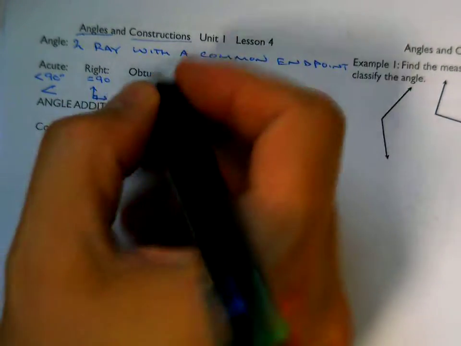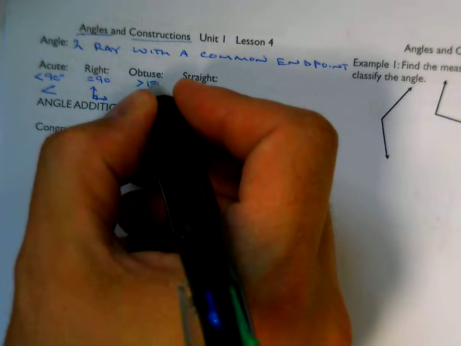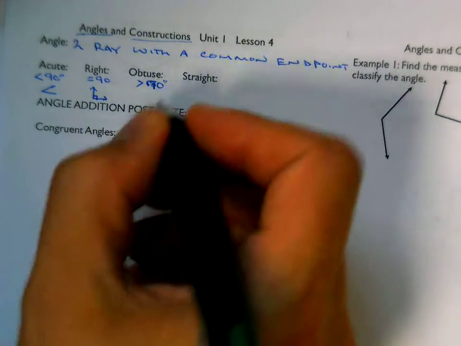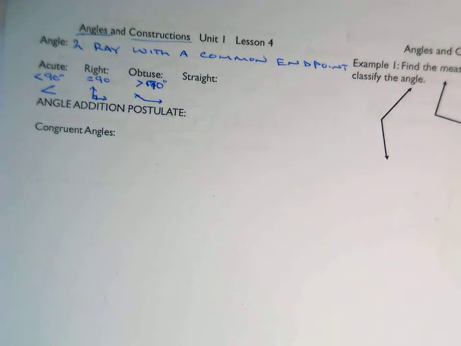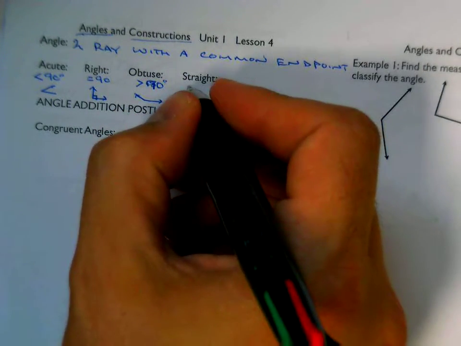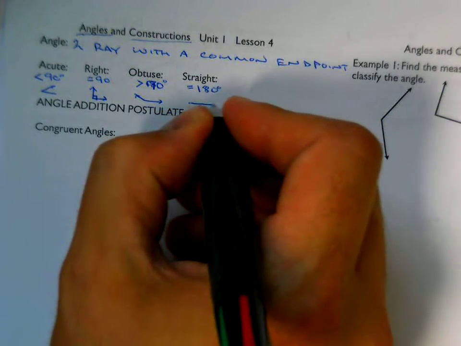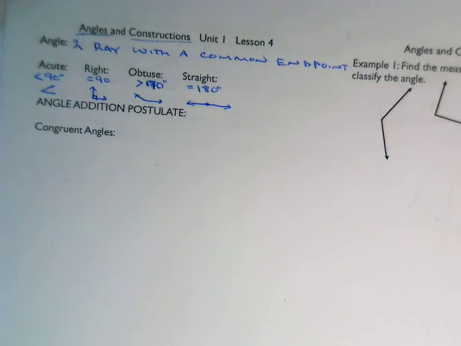An obtuse angle is anything that's greater than 90 degrees, sorry, not 180. And so that would be anything that looks kind of like that. And then a straight angle is an angle that's 180 degrees. We also call this a line. And so these are your four options.